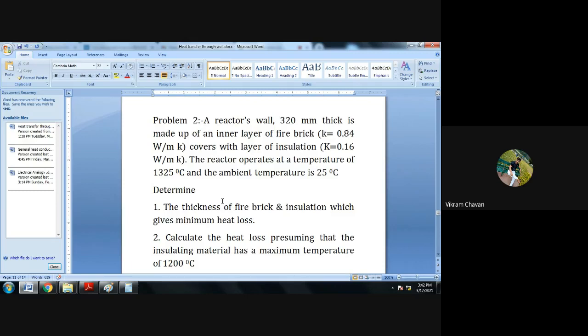Okay, so determine, first one, the thickness of fire brick and insulation which gives minimum heat loss. Second one, calculate the heat loss.